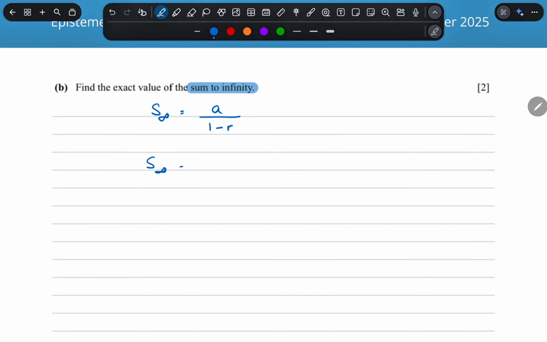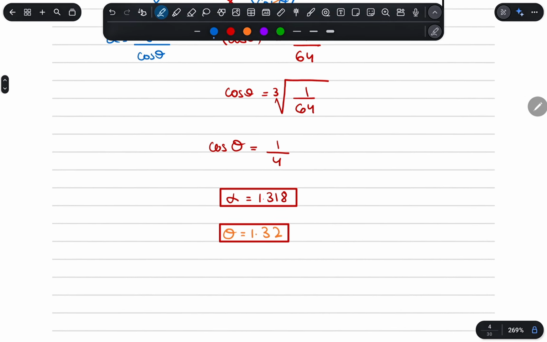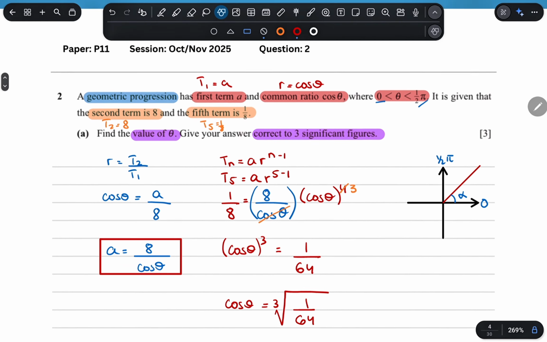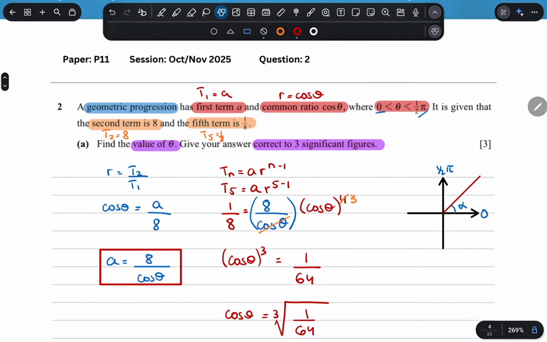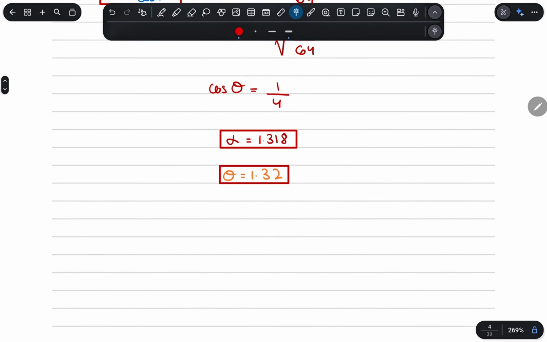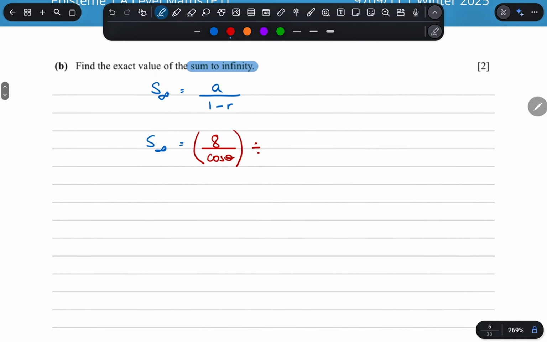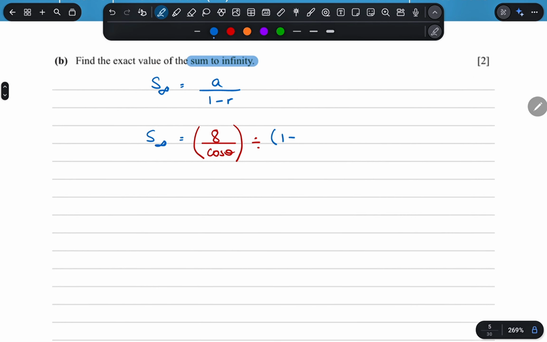We know that a is this, and r is cos theta. So we can substitute these values. We'll have 8 upon cos theta divided by 1 minus cos theta.